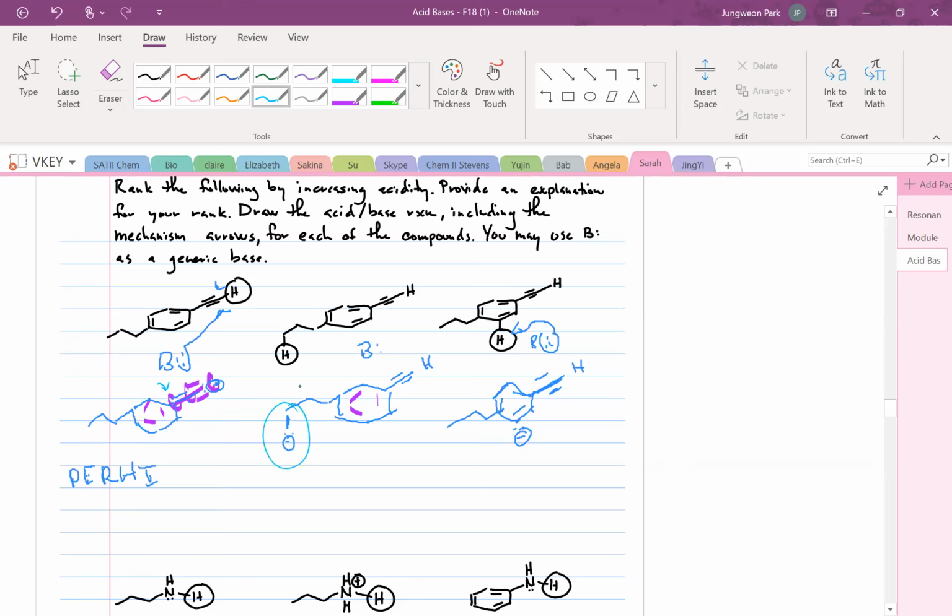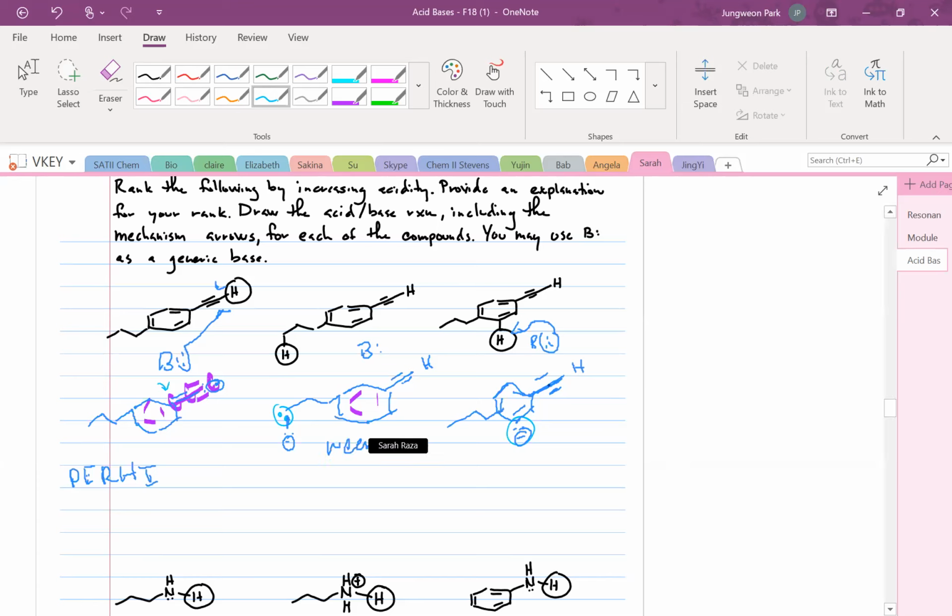And this one, yes, you can have resonance. So the first and the third one have resonance. The second one doesn't have resonance, so that would be a weak acid. That would be the weakest.